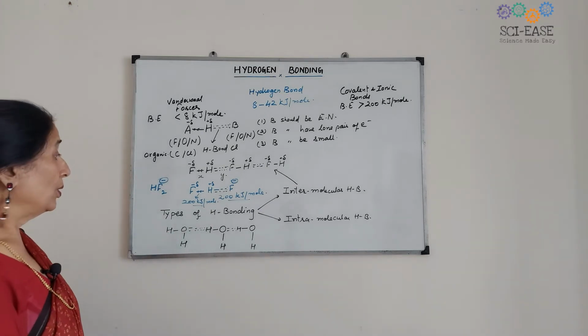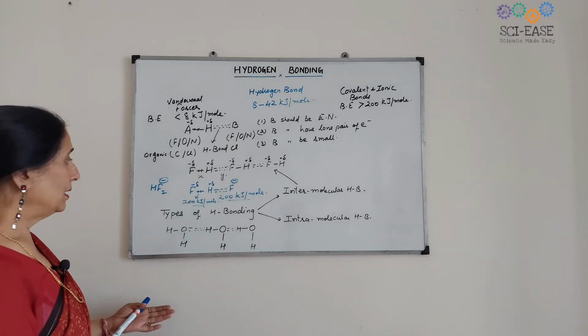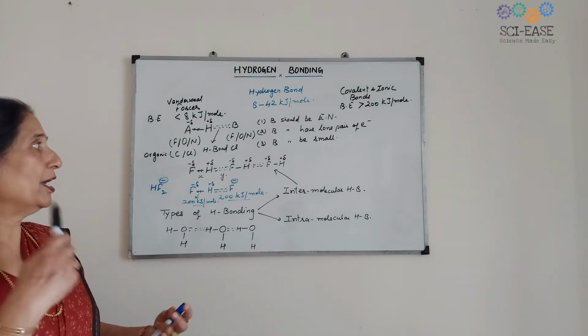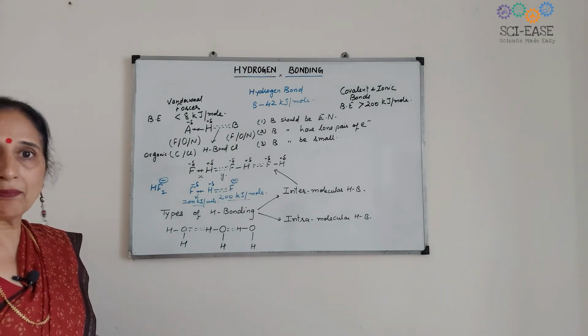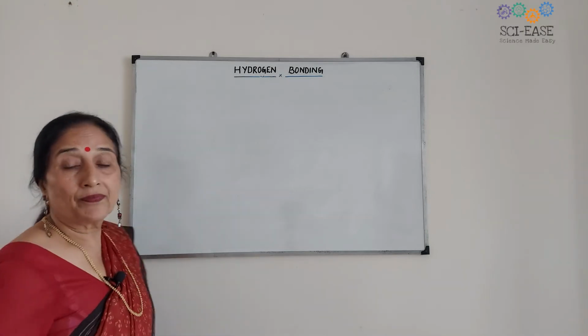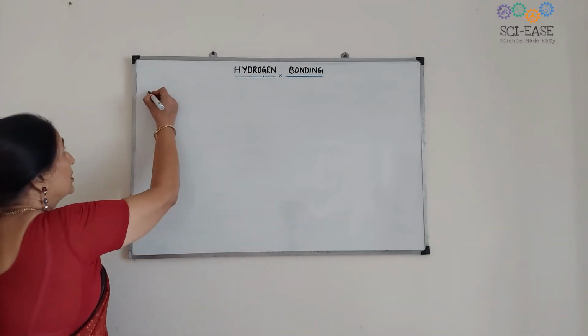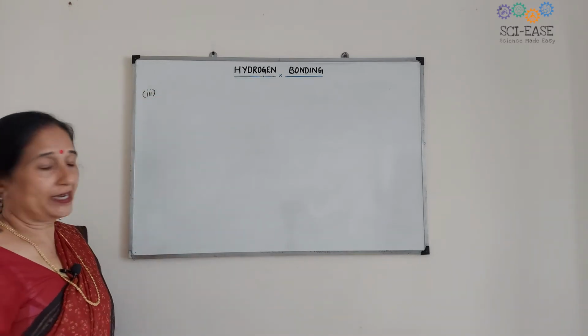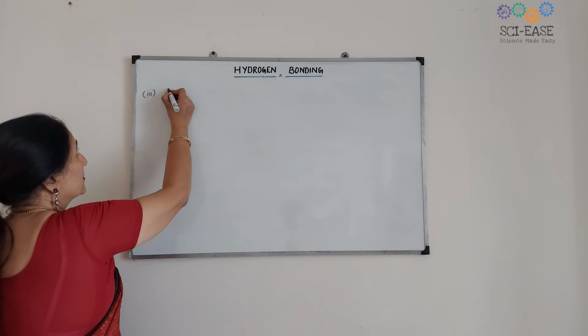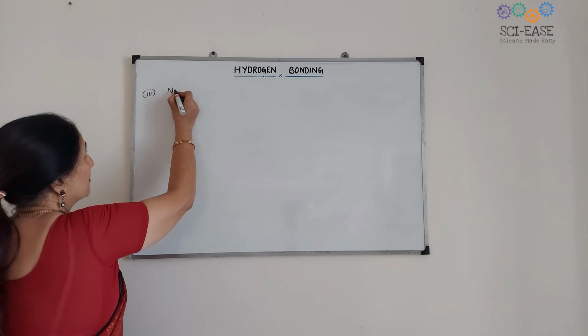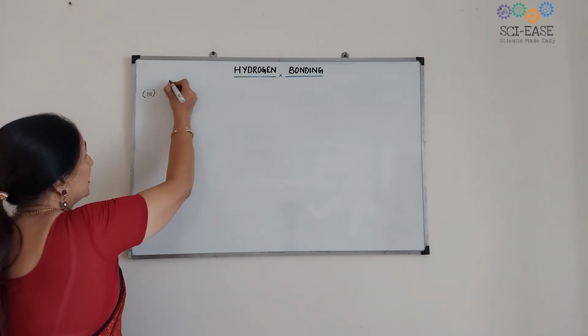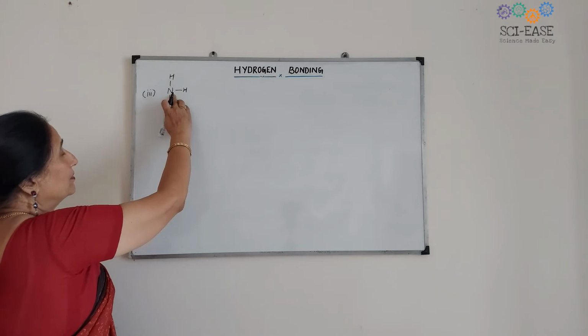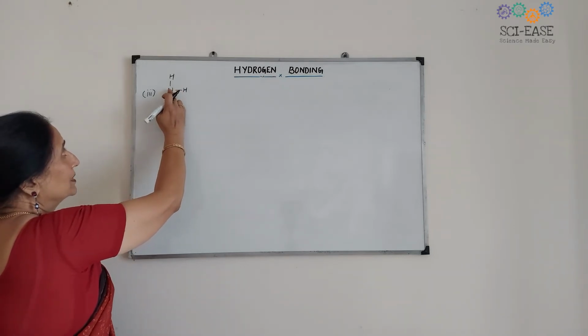Okay, so I will tell you more examples. You can take the example of ammonia also. The third example of intermolecular hydrogen bonding is ammonia, N, H, and H. This is the electronegative element. The shared pair will be shifted towards this.